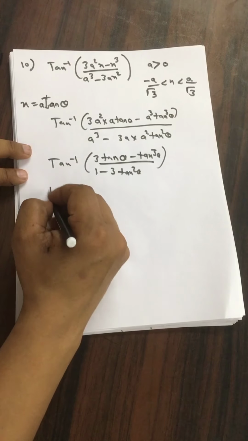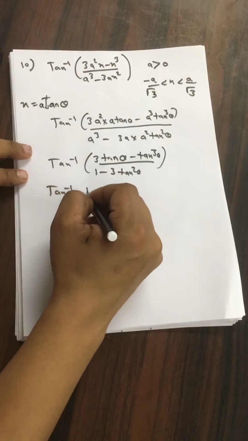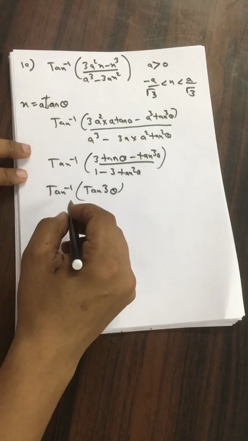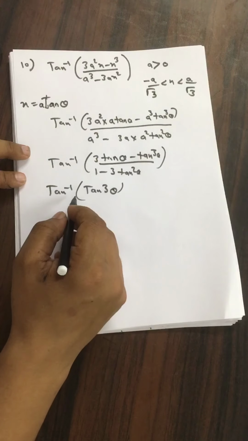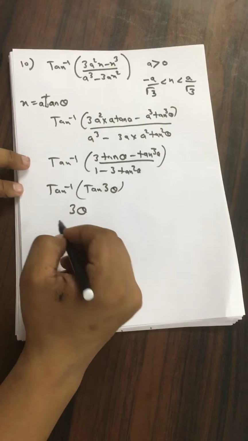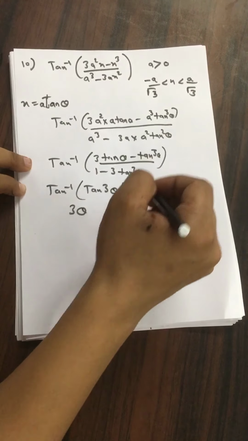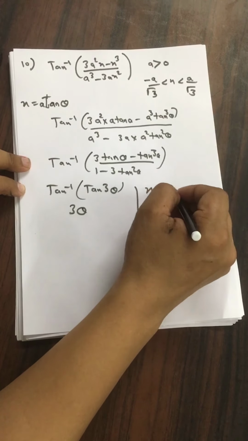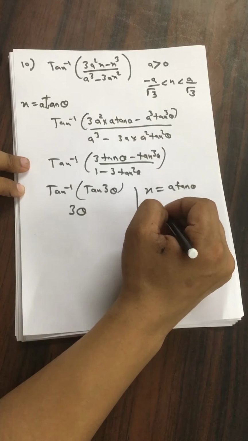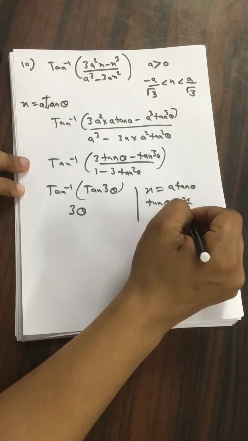Now this becomes the formula of tan 3 theta. Okay. Now tan cancels. What is left? 3 theta. So now what have we supposed? x equals a tan theta, so tan theta equals x by a.